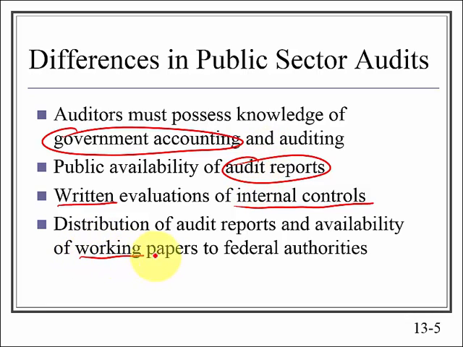The working papers, all of the audit work, is something proprietary to the auditor, to the CPA. So it's usually not made public, but it has to be available to federal agencies, federal authorities who want to look at it.